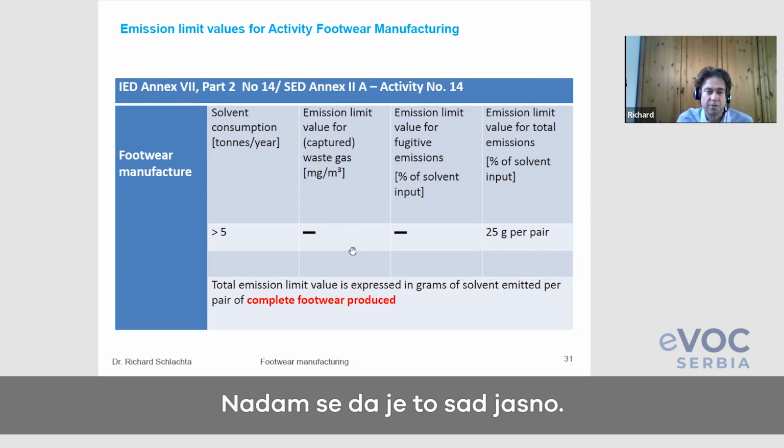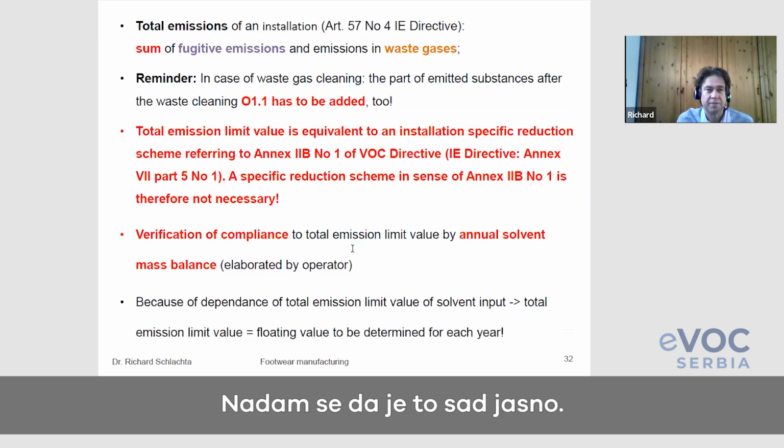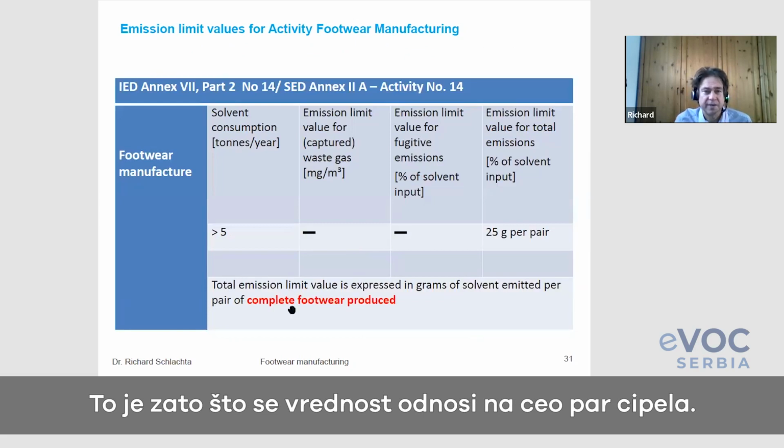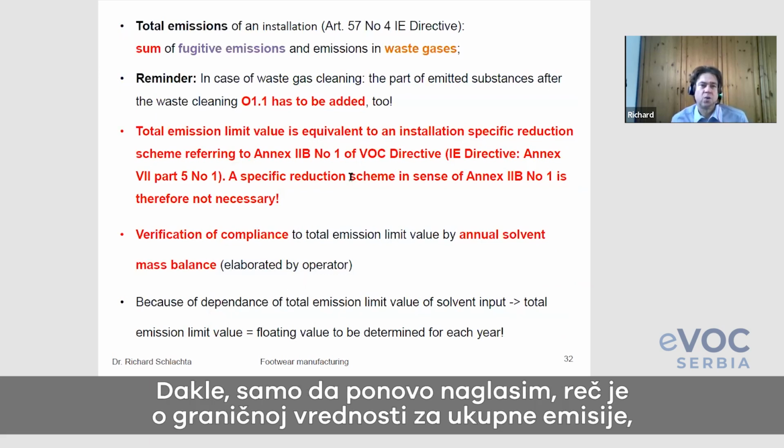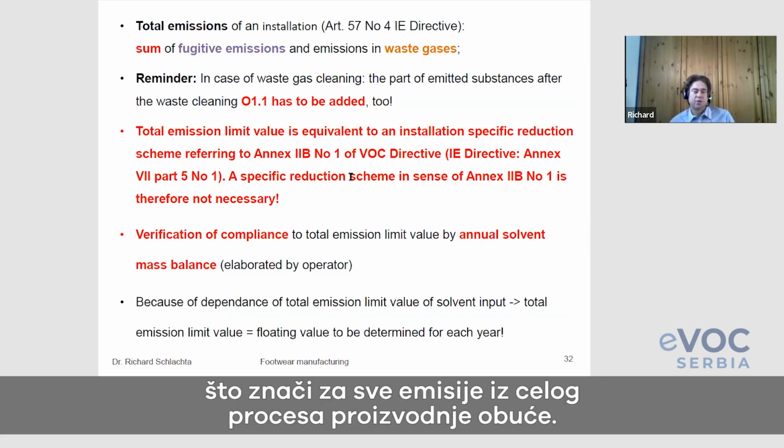I hope it's clear now why, because that value really refers to a complete footwear. So again, the total emission limit value is really the whole emission from the footwear manufacturing process.